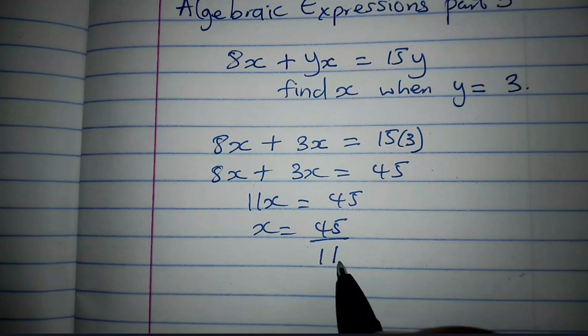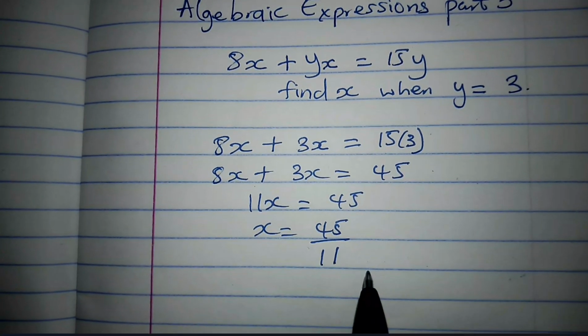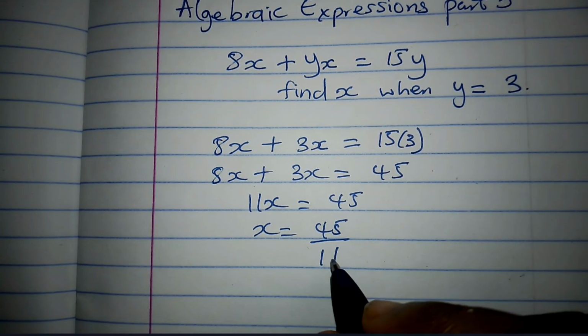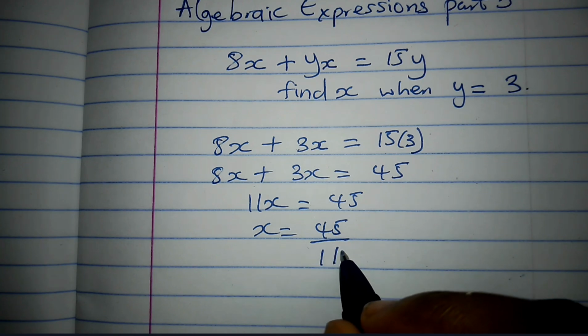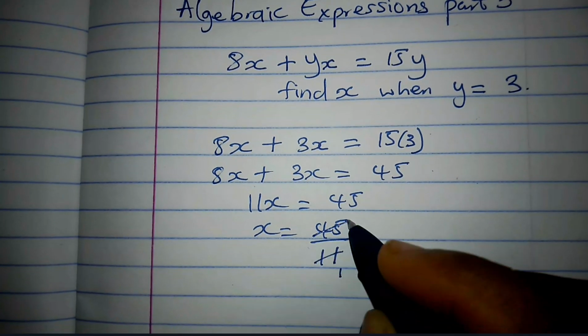That's 45 all over 11. I will be creating a video soon on how to resolve fractions, but for now, let's manage with what we have. 45 divided by 11, what are we going to do? First of all, 11 is going to go into 45 as a whole.